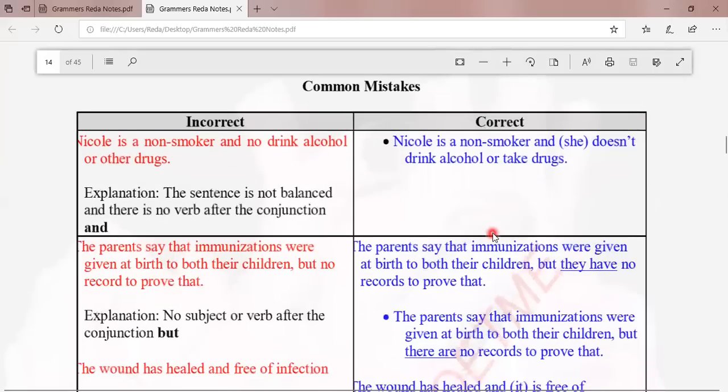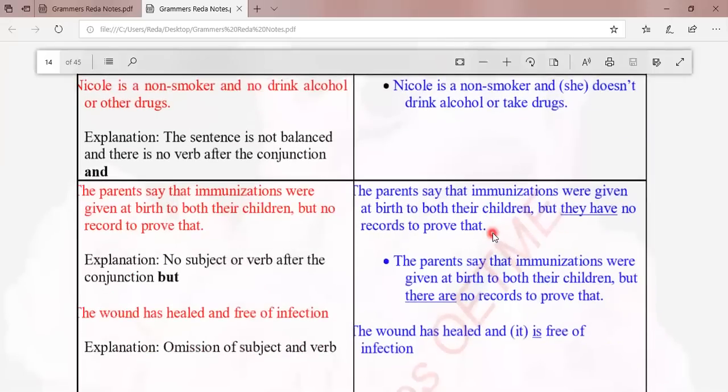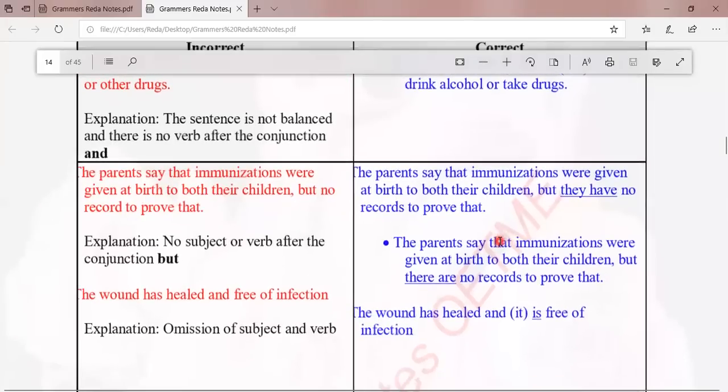The parents say that immunizations were given at birth to both their children, but they have no records to prove that. So, don't say but have no, like this, but no record. Try to complete it as one complete sentence.